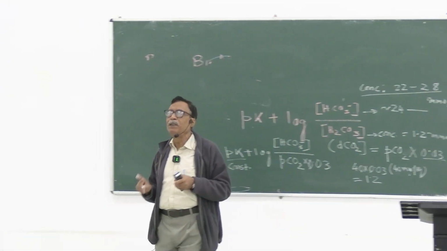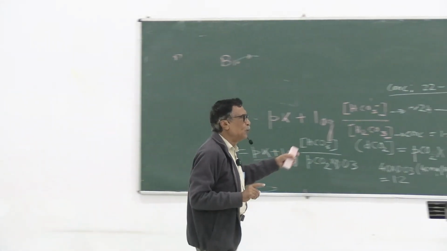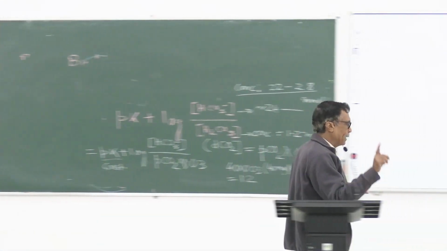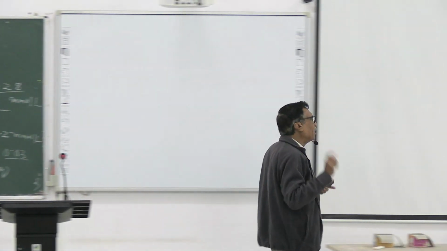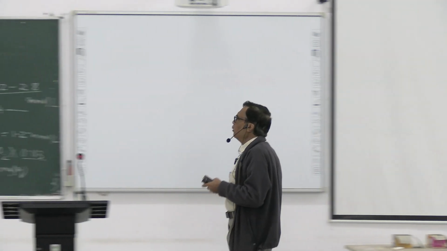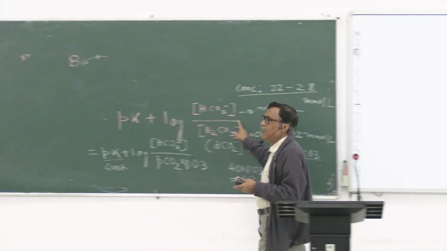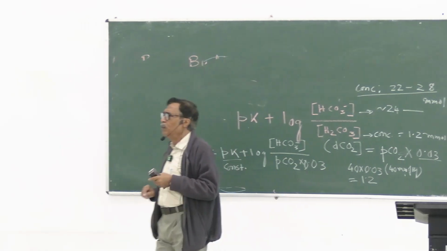Here all units are millimole per liter except PCO2, which is millimeter of mercury. The unit of pressure is millimeter of mercury, and the unit of analyte concentration is millimole per liter, not milligram per dl.